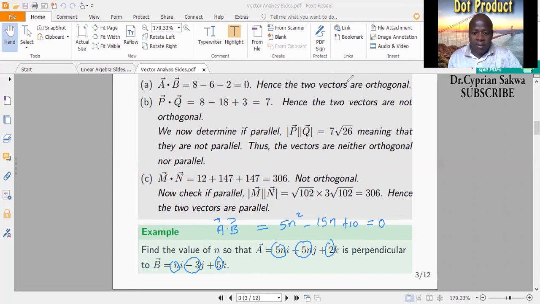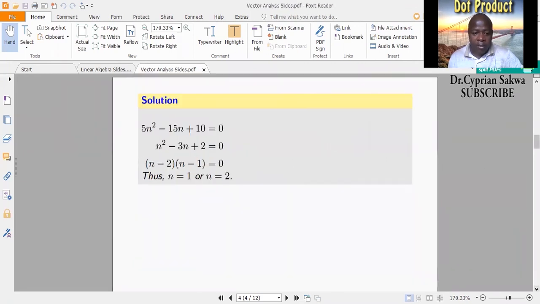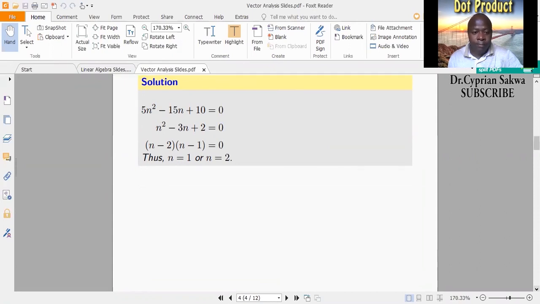Whichever method you choose, whether it's factorization or quadratic formula, you must get the n. I used factorization, and I found that n will be 1 or 2. So if n is 1 or 2, then those two vectors would be orthogonal.